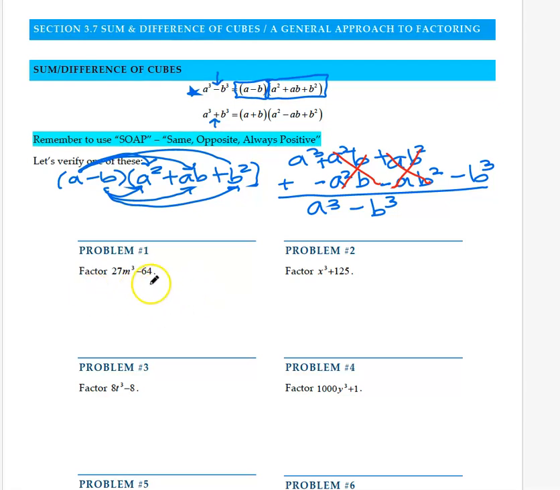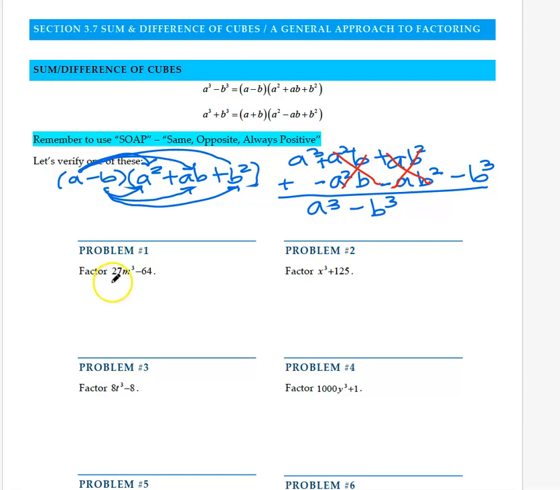Okay, so let me show you how we're going to go about doing this, because these a's and b's are important to understand, and sometimes you can't just use, like, 27 and negative 64 on problem 1 as my a and my b. Notice how I need to have it in the form a cubed minus b cubed.